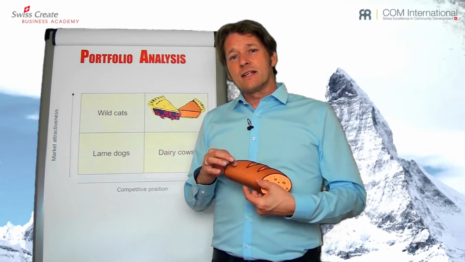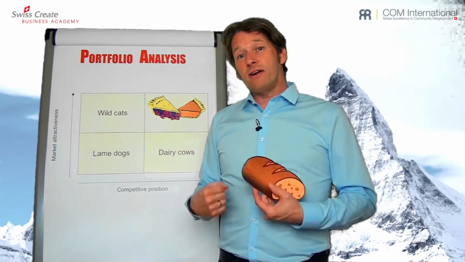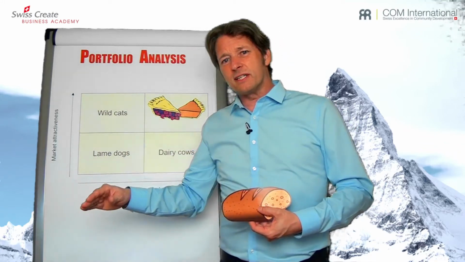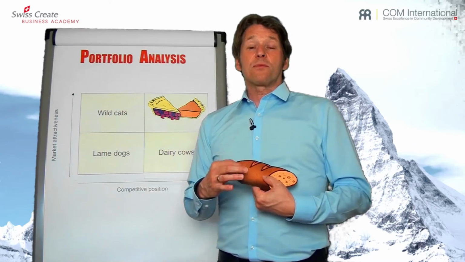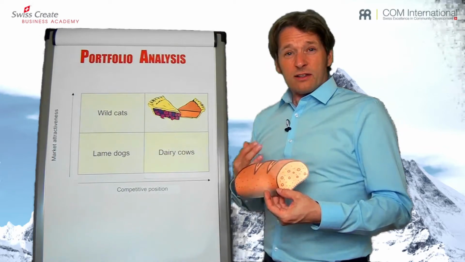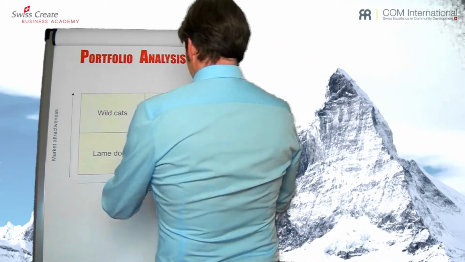And this is a product I sell since years in a very good quantity, but it's a little bit decreasing now because competition is coming more and more, but I'm still well known for this product, and I earn a lot of money with this product. I like it. Therefore, these are my dairy cows.